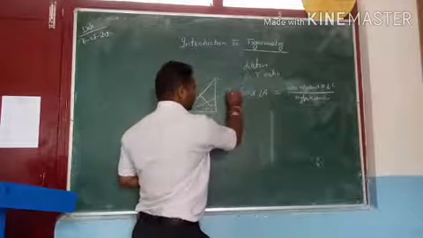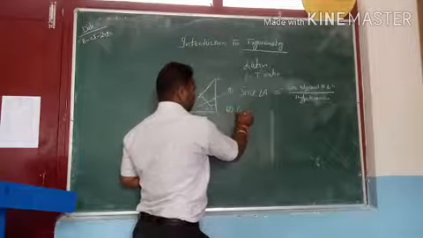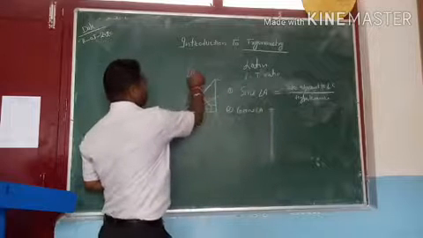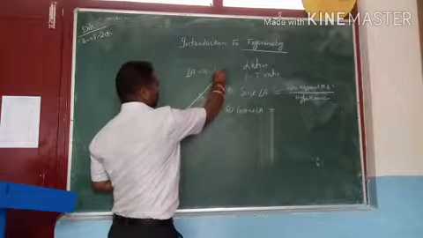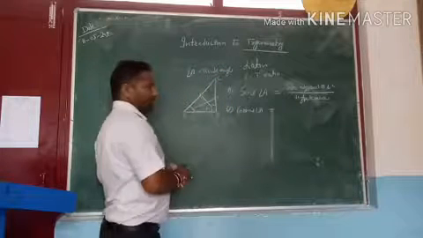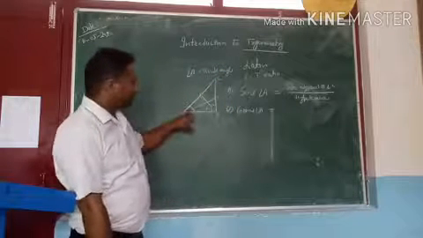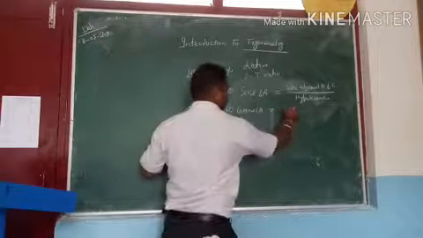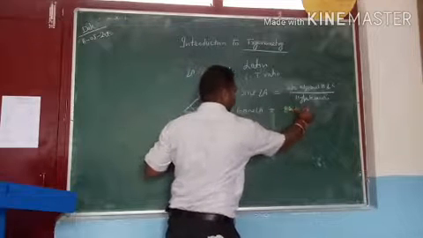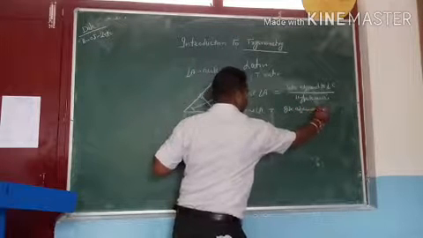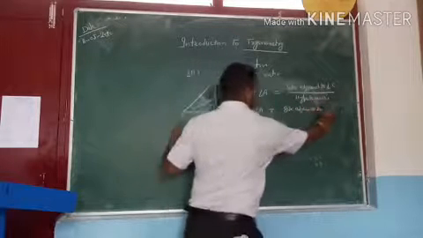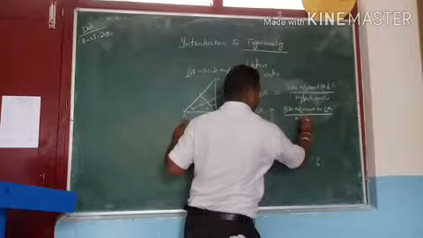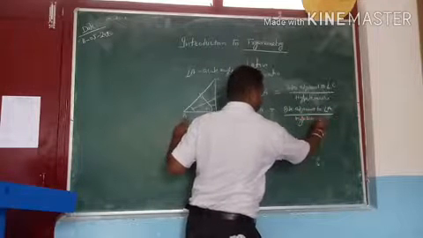The second ratio is the cosine of angle A. Angle A is an acute angle. Cosine A is the side adjacent to angle A upon the hypotenuse.